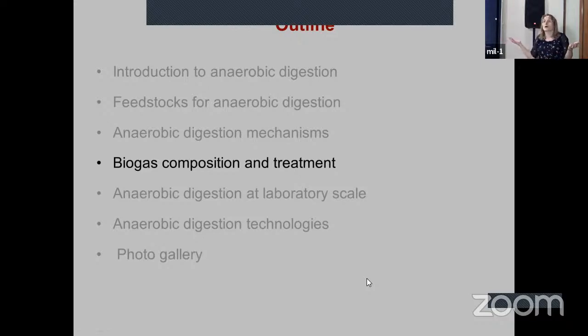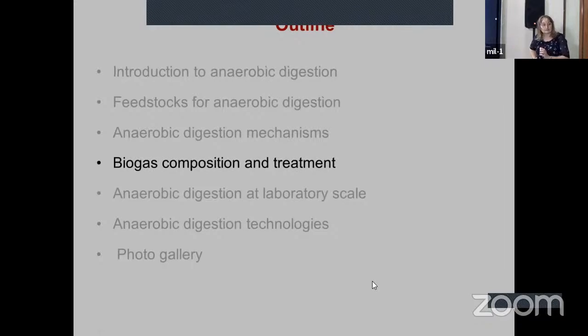But after, how will you do it at full scale to have a huge amount of these bacteria? And also, if you take a bacteria from a laboratory collection, it has a very, very low probability to survive in the complex organic microorganism consortia.